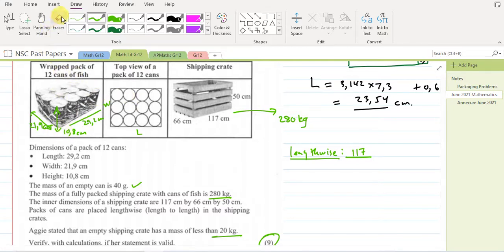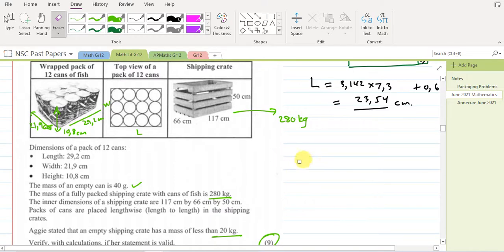Let's write this down. Let's look at the crate, and let's look at the pack of cans. The crate has a length, let's call it L, a height, and a width.